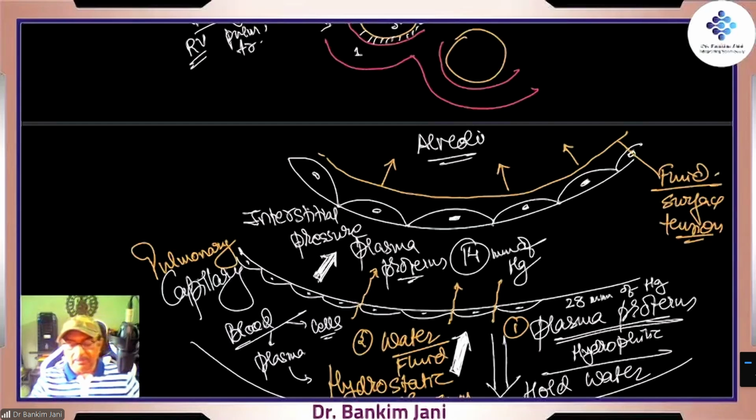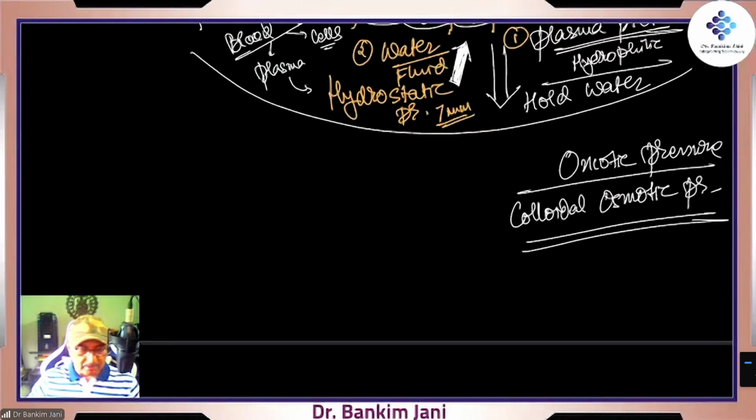And then finally, in alveoli there is surface tension. And this surface tension is generating a pressure of about 8 mm of mercury. So thus, we have come across 4 pressures. 3 pressures let the fluid come out of the capillaries.